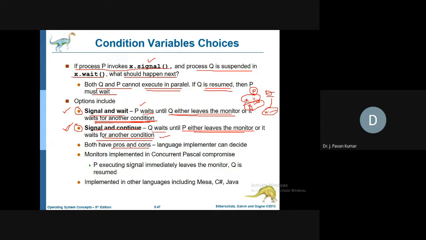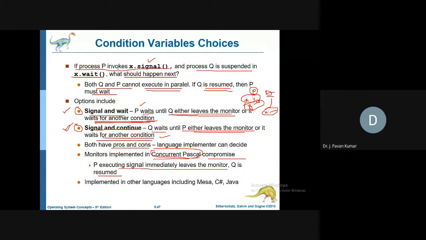These are implemented in Concurrent Pascal as a hybrid approach. Both approaches are implemented in a compromised way in the Concurrent Pascal language. That is, P executing signal immediately leaves the monitor. Whenever it executes the signal, it immediately leaves the monitor, so Q can be resumed.